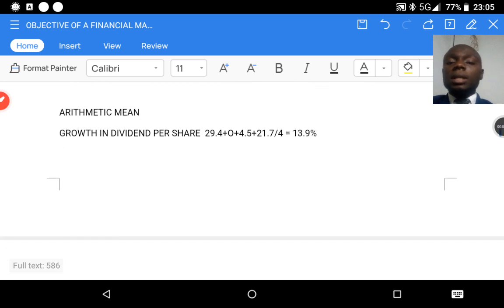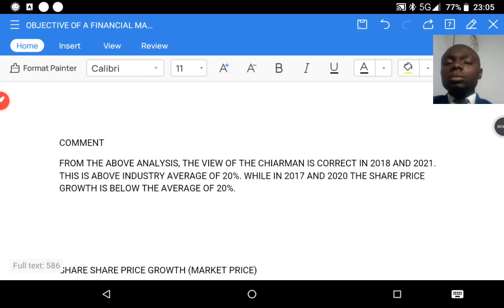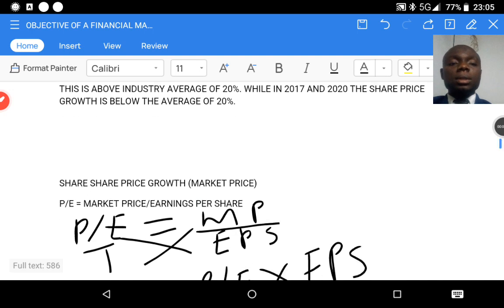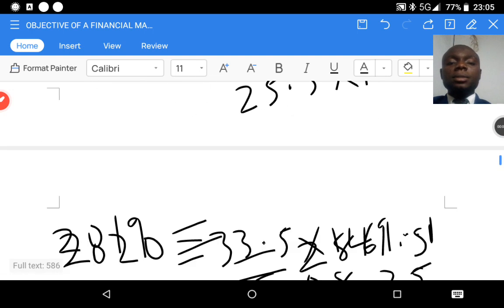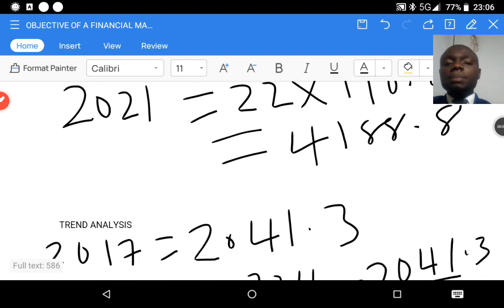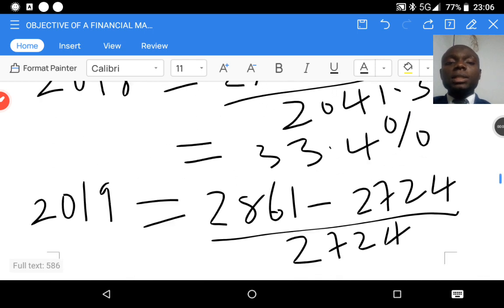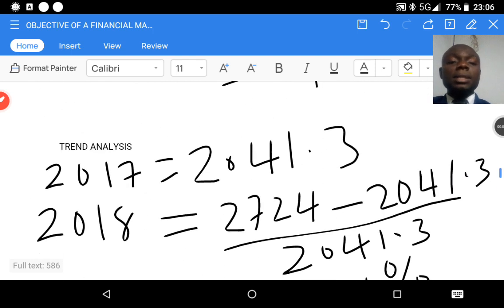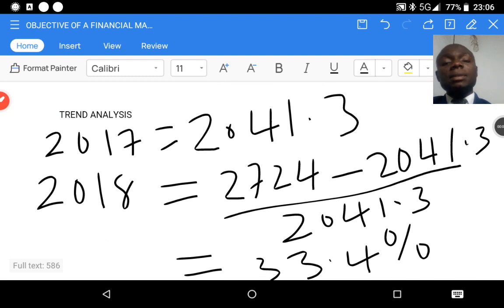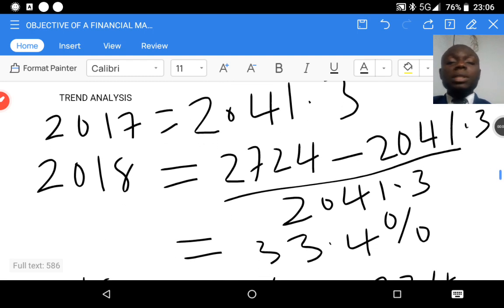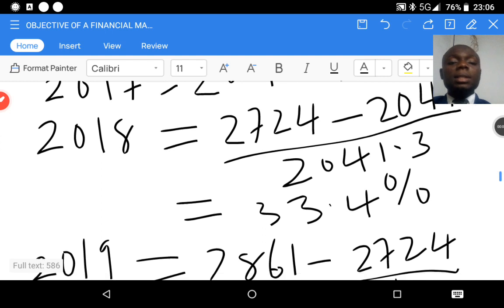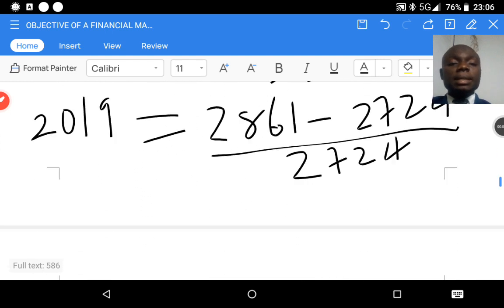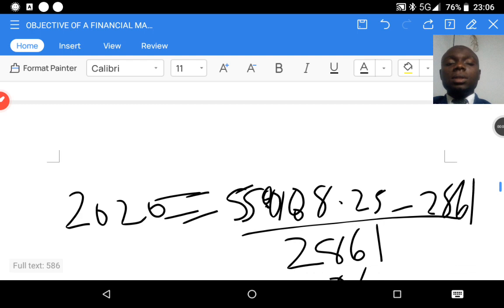Now let's quickly look at the share price growth. This is the trend that we did under the share price growth. You can see that in 2017 we have nil, because 2016 is not given. In 2018 there is a growth of 33.4. In 2019 we have growth of 5.08.